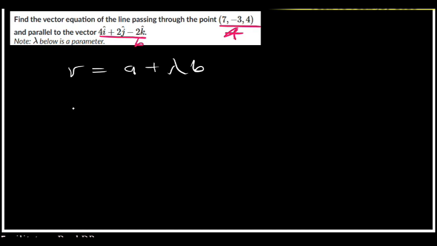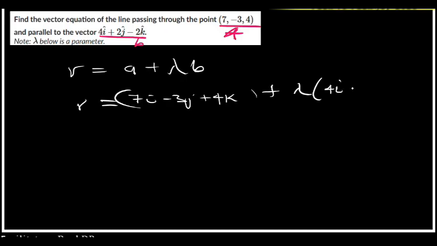Therefore, our vector equation can be written as the position vector a, which is 7i minus 3j plus 4k, then plus lambda multiplying 4i plus 2j minus 2k.